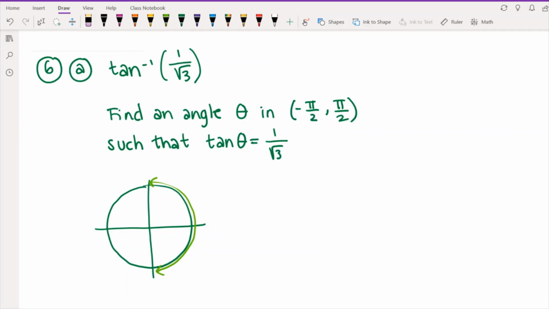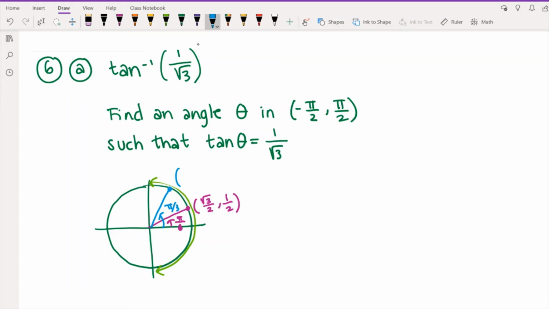That means we're restricted to quadrant 1, the only place we get a positive value for tangent. So there are basically 2 candidates, and I would just try them both. The first candidate is pi over 6, which would have an x coordinate of square root of 3 over 2 and a y coordinate of 1/2. And then the other candidate would be pi over 3.